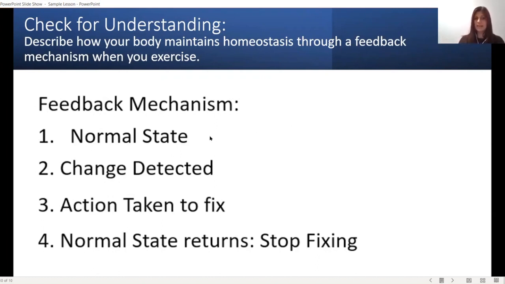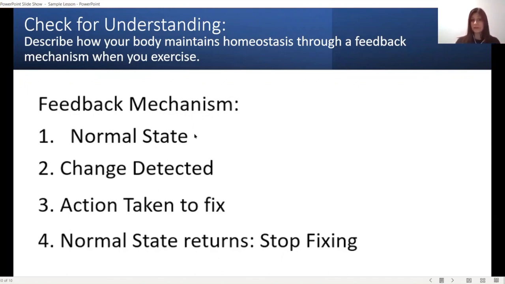The normal state is you think, I should exercise. You're at a normal level. Okay, then you're going to have a change. You're going to have to take an action to fix it. And then you're going to have to tell me how you get back to the normal state and your body stops fixing it. Okay, I want you to apply that specifically to exercising.